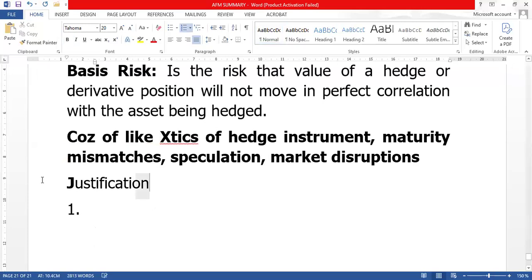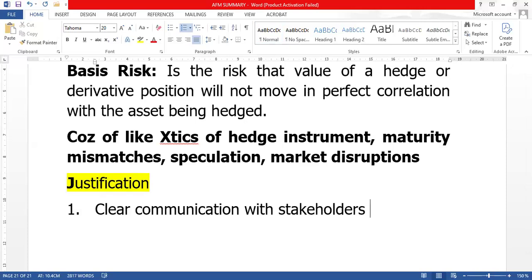Now, justification. Why would you need to measure the basis risk? You need to have clear information and clear communication with the stakeholders.